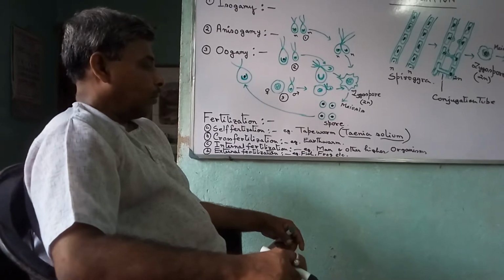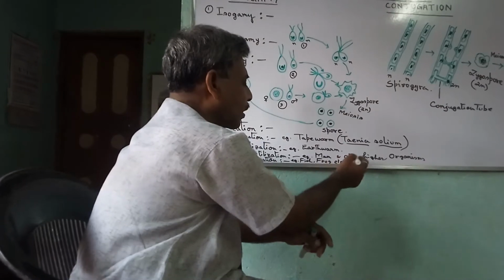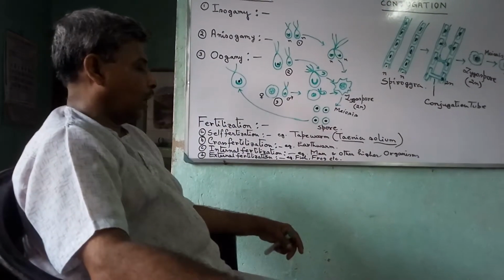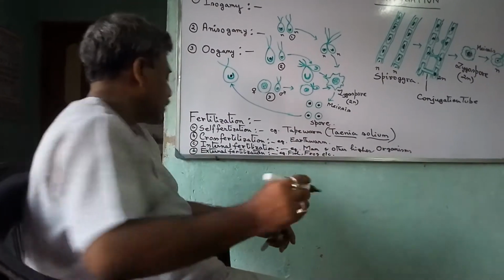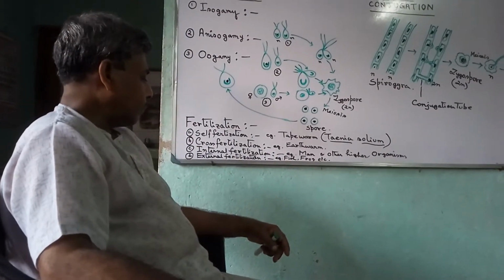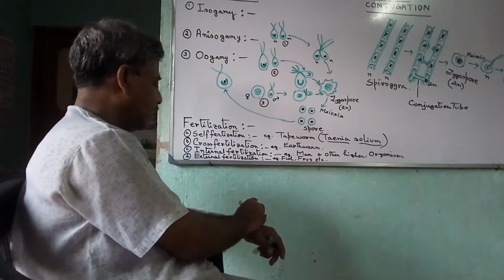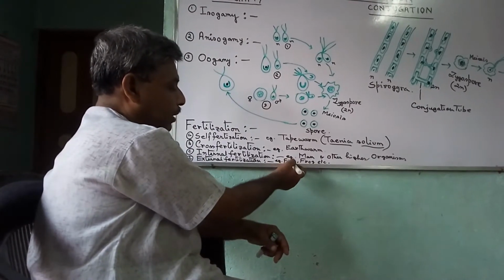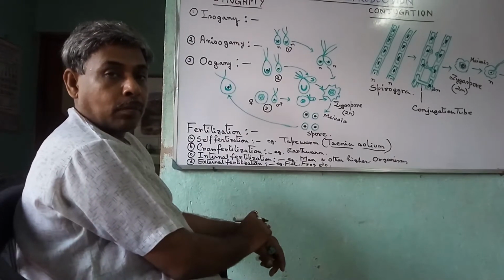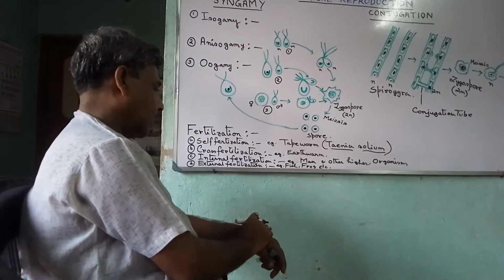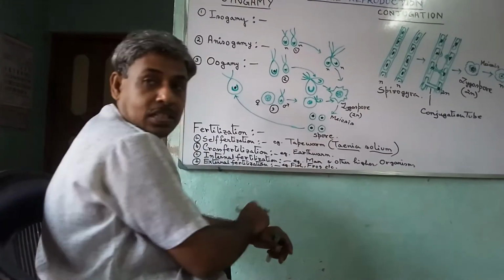It occurs in man and other higher organisms. The fusion of the two gametes occurs within the mother's body. In case of external fertilization, the fusion of the two gametes occurs in the environment, that is mostly in water. As we see, fusion of the two gametes occurs in water in case of fish and amphibians like frogs, salamander, etc.